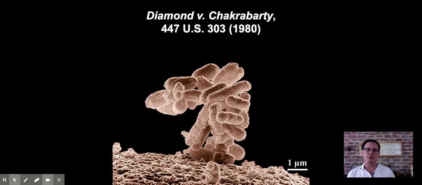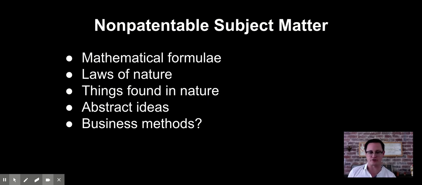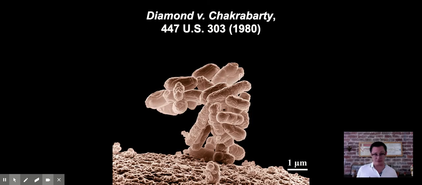The idea was we can manufacture this organism, it'll eat oil, and that will help in oil cleanup. The question was, is a living microorganism the kind of thing that falls within the scope of patentable subject matter? And the court said, yes, patentable subject matter goes to any process, machine, manufacture, or composition of matter. A living thing is a composition of matter.